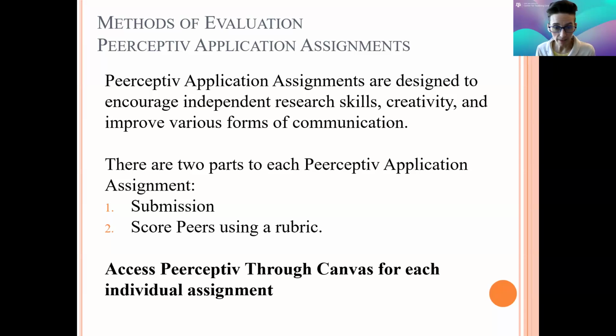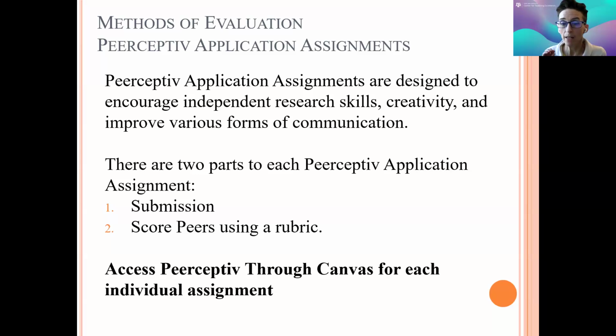So know that is coming. And if you don't do the peer review part, that will significantly impact your score, because that is an important part of the process, to not only submit the assignment, but also have the critical thinking skills and the process of seeing what someone else did and getting their perspective, seeing how they did the assignment compared to how I did it, and how would you score them on a rubric.